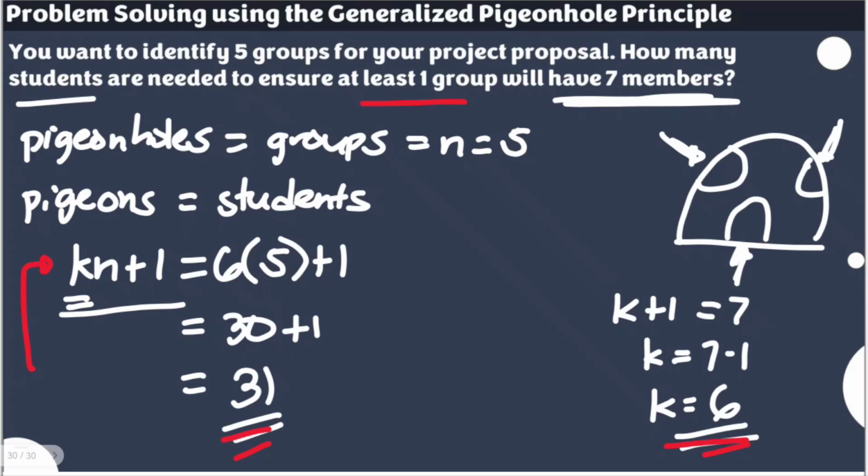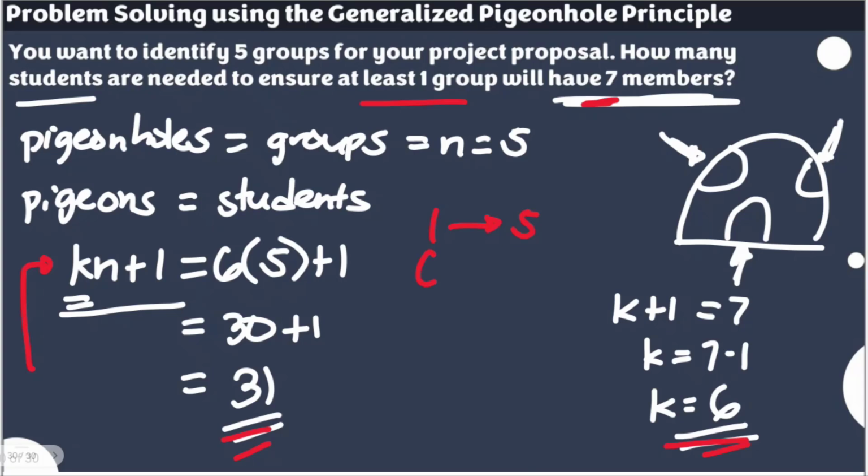Of course, if you're not convinced by that, let's look into this. Say, for example, you distribute the students manually, evenly, picking students and placing them in different groups, not picking 5 into one group. The first 5 students are assigned to each of the groups, so each group will have 1 member alone. It's so far from 7.